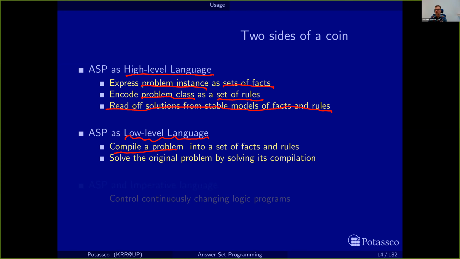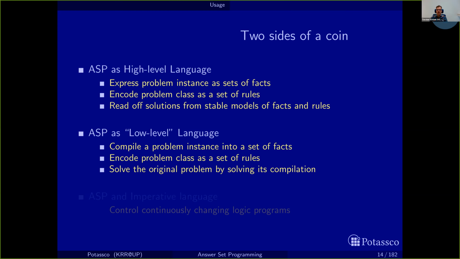The better approach, and that's what we advocate a lot, and that we also use in industrial applications, is that you view your problem as a problem instance, and you compile it into a set of facts. And then the way to solve this problem, just like above, like an encoding for a problem class, you encode as a set of rules.